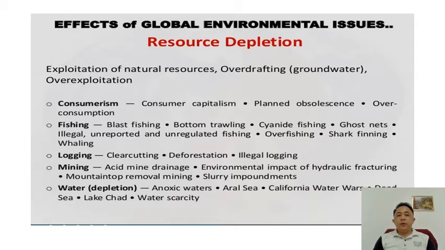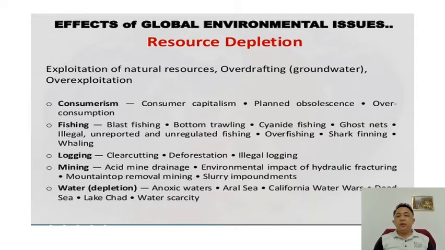So another topic that we are going to discuss is on resource depletion. So when we say resource depletion, it is the exploitation of our natural resources. So ito yung sobrang paggamit ng ating mga natural na yaman. So paggamit tayo ng gamit at hindi ito binabalik, so tendency na uubos yan. Then another one is what we call as overdrafting of groundwater.